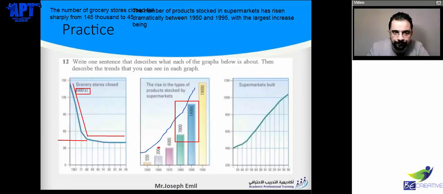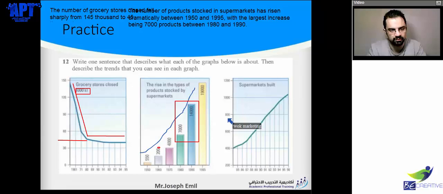being 7,000 products between 1980 and 1990. You also want to include the fact that the number of products between this and that, 7,000 to 14,000, doubled.